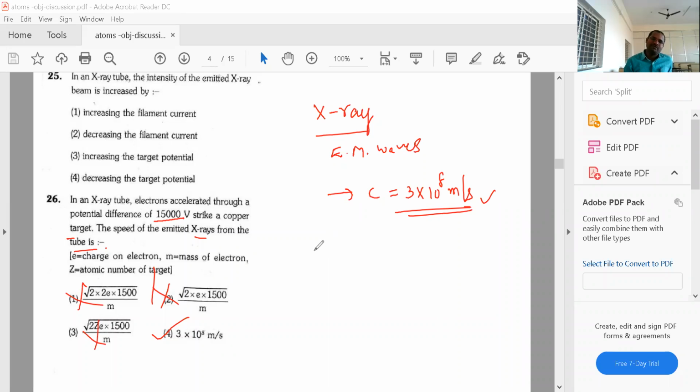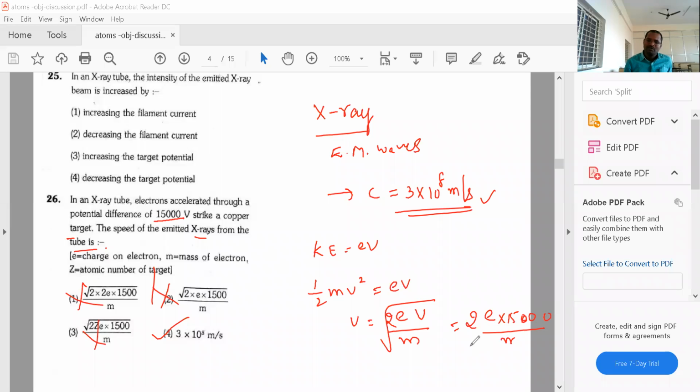Some students will do this: we know kinetic energy is equal to eV, so half mv square is equal to eV. Then v is equal to root of 2eV upon m, meaning 2 into e into 15,000 divided by m, under root.